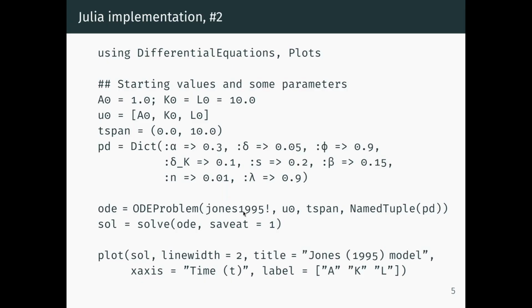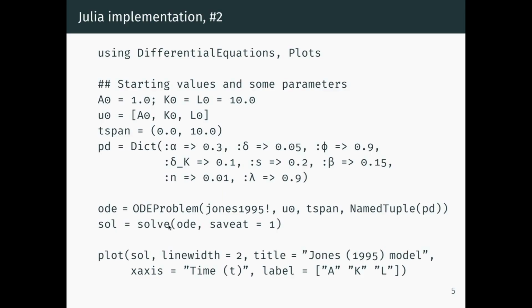So this is this Jones 1995 function with these starting values. We want to solve it over this time span, and we use these parameters to solve it. In the next line, we then call the solver.